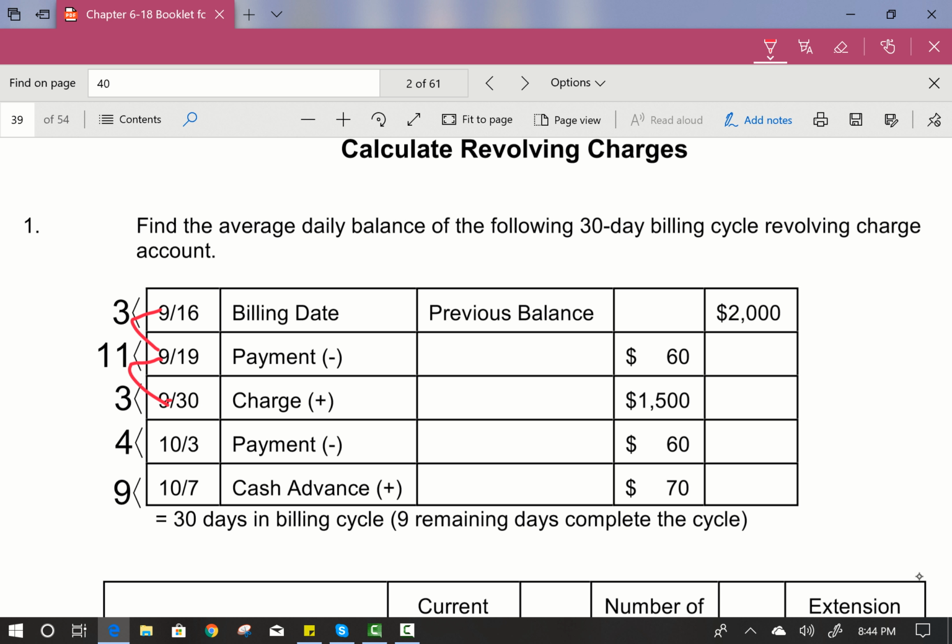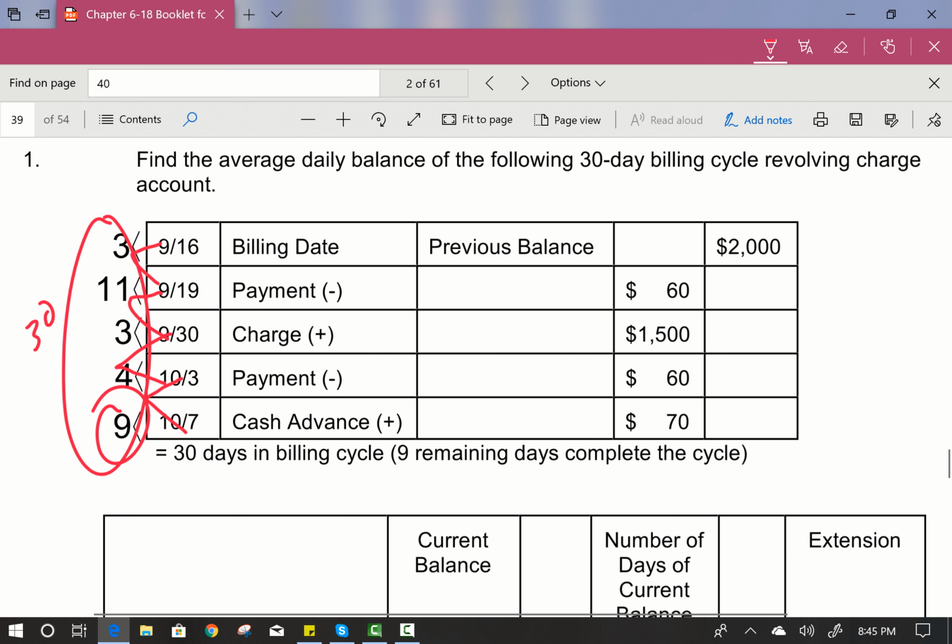The number of days between the 30th of September and the 3rd of October is 3 days. And the number between the 3rd and the 7th is 4 days. And then that equals 21 days, and then there's 9 days remaining in the 30-day billing cycle, so that all of these numbers right here equal 30.